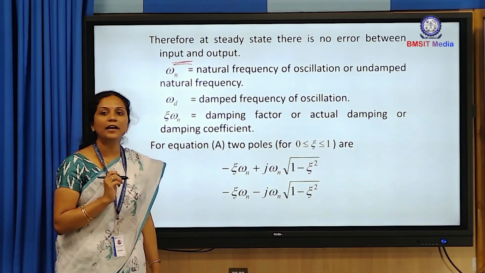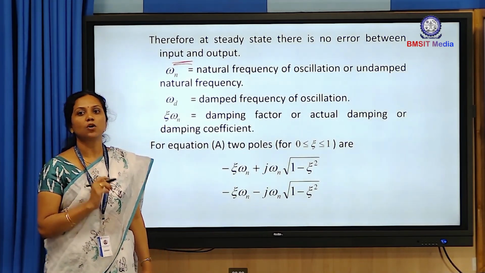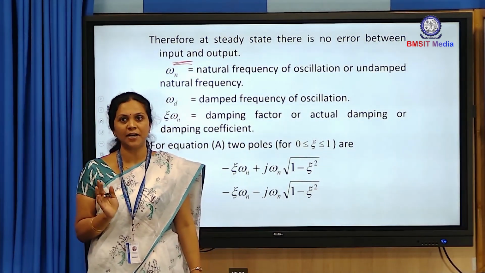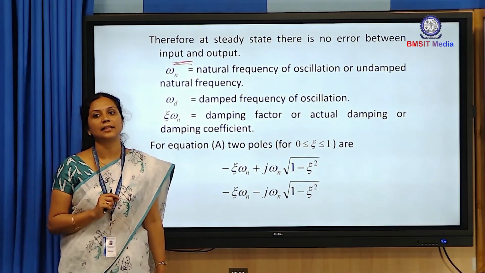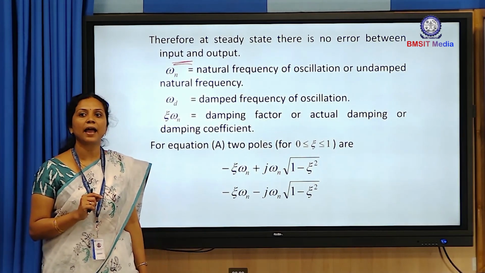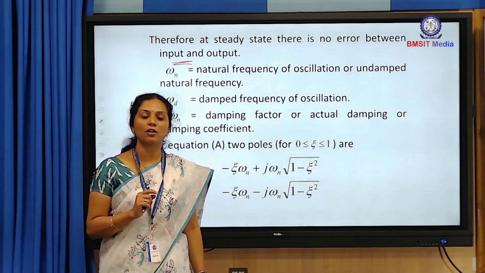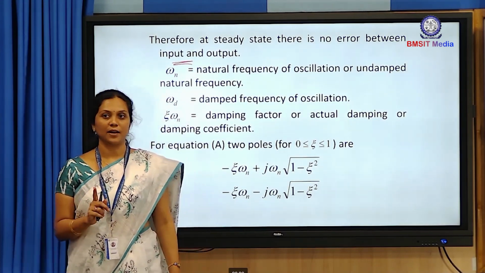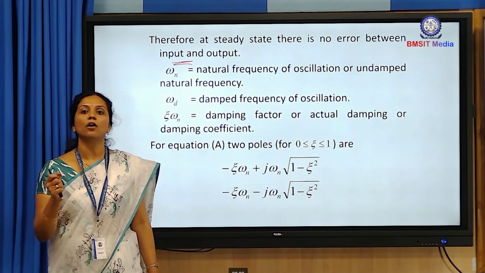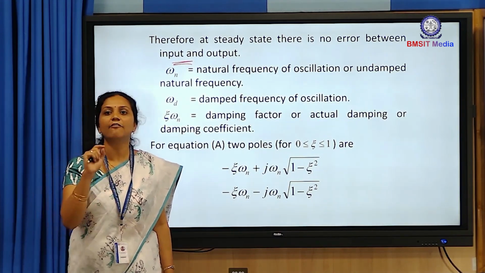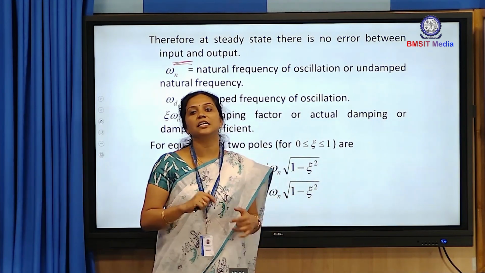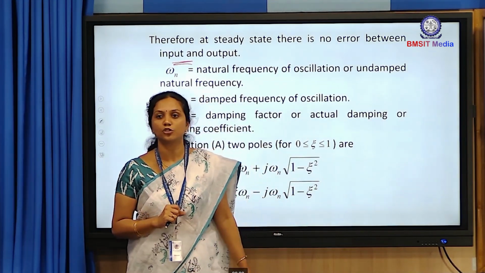And according to the second order function, what is your omega d? Omega d is nothing but the damped frequency of oscillation, and zeta omega n is nothing but the damping factor or the actual damping, which is also called the damping coefficient. Now for equation A, if I vary the value of this damping factor zeta, then how the response will change is what we are supposed to see now.